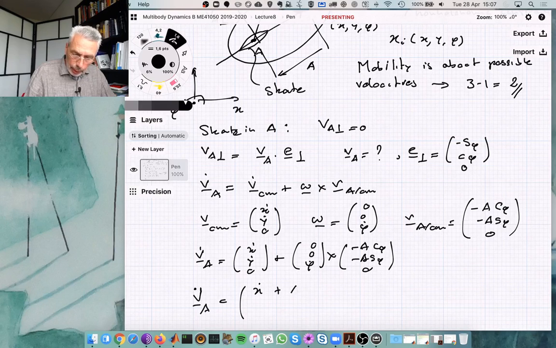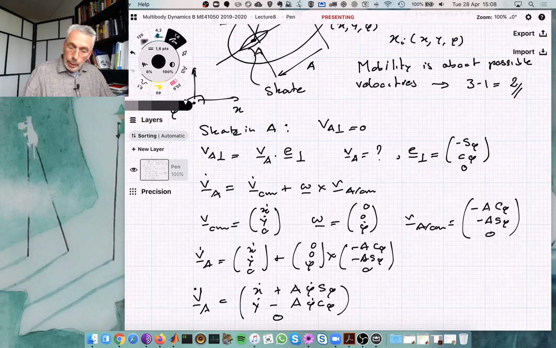A times phi dot sine phi. And the second one is y dot minus A phi dot cosine phi. And the last one is hopefully 0.